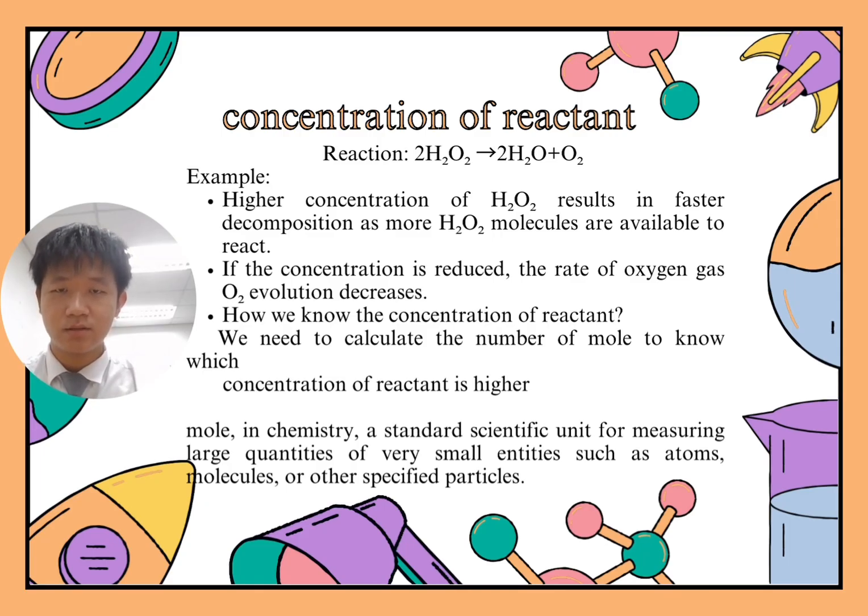The higher the concentration of H2O2 results in faster decomposition, as more H2O2 molecules are available to react. If the concentration is reduced, the rate of reaction of oxygen gas O2 evolution decreases.